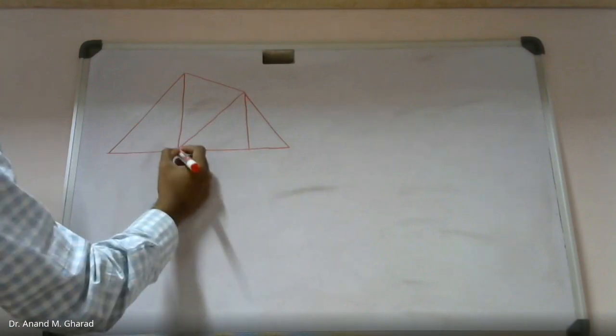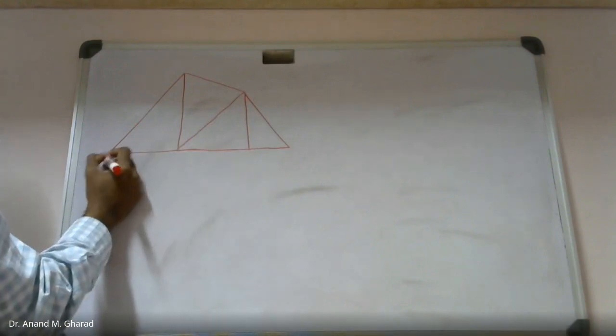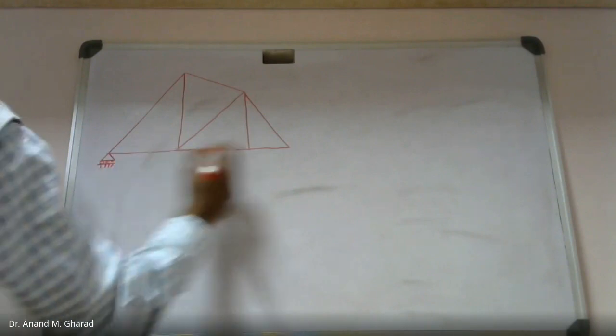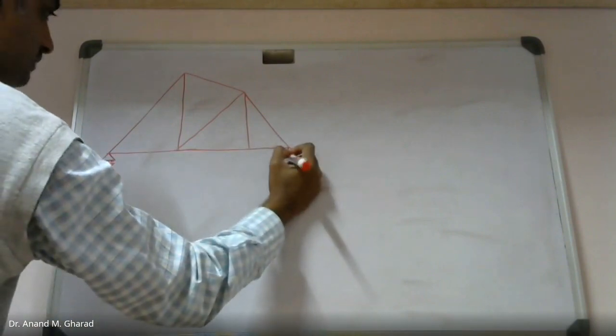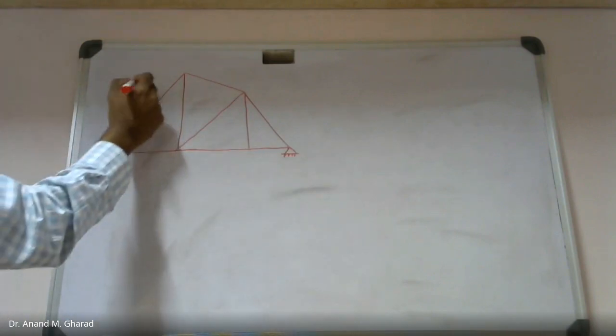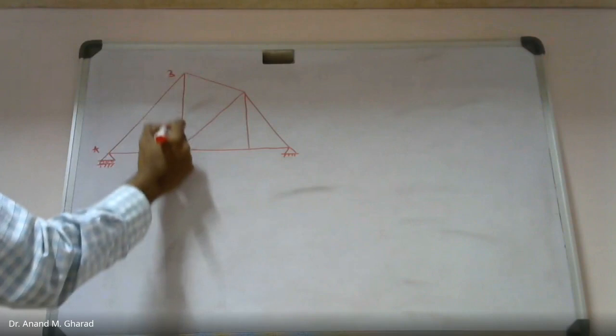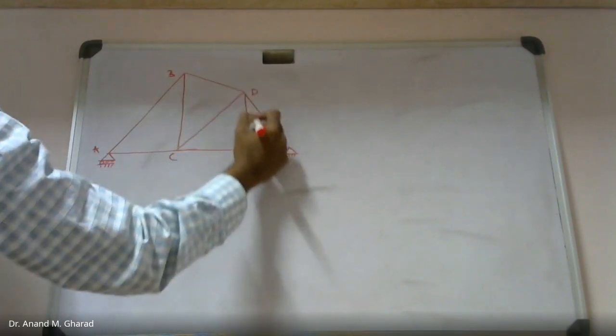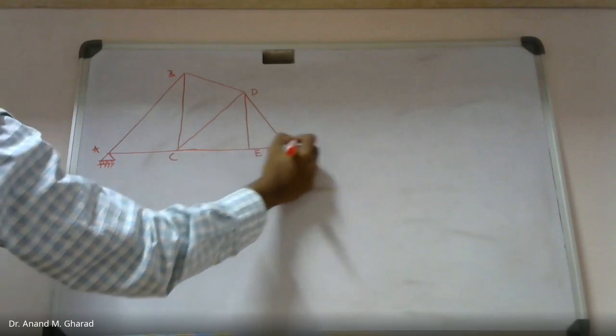There are forces, and before that, these are the support conditions. Hinge at this point and roller over here. This is point A, point B, C, D, E and F.